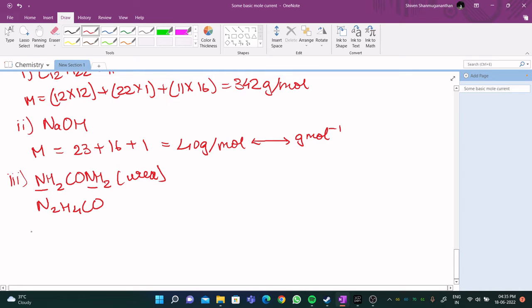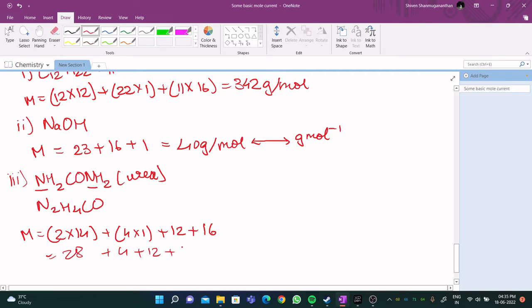So we get 2 nitrogen, 4 hydrogen, carbon, oxygen. Molar mass is equal to 2 into 14, plus 4 into 1, plus one carbon 12, plus one oxygen 16. So we get 28, 4, 12, 16, which is 60 grams per mole.